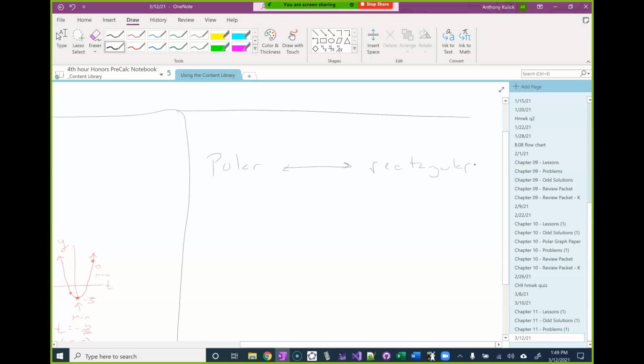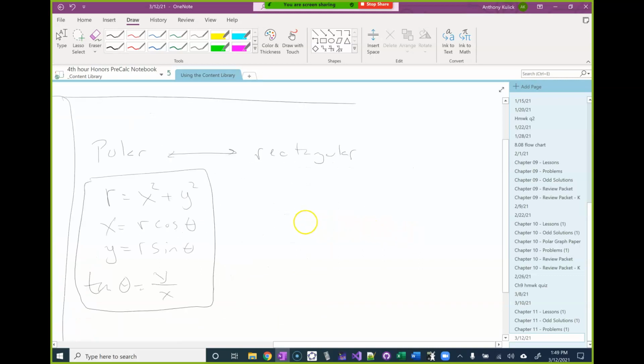Okay. So the key here was these 4 relationships, which were kind of coming back and forth between polar and rectangular coordinates.